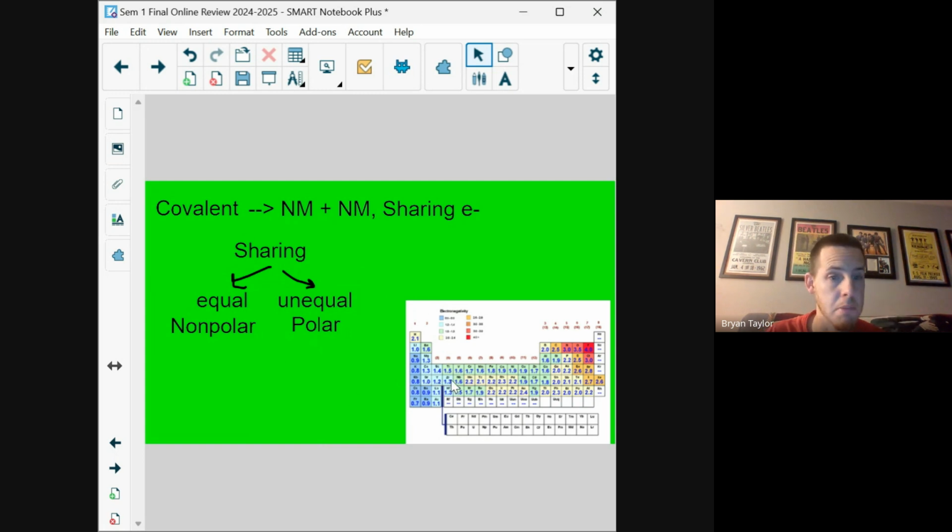And you've seen this come up in a variety of different ways. This could also come up with the shape or molecular geometries, or the bonds.